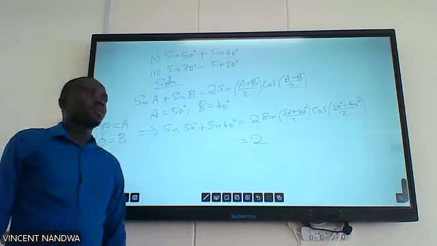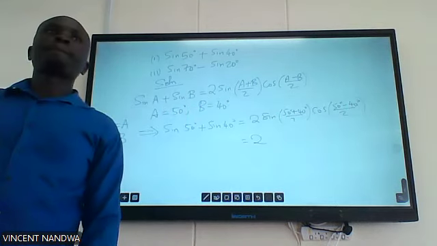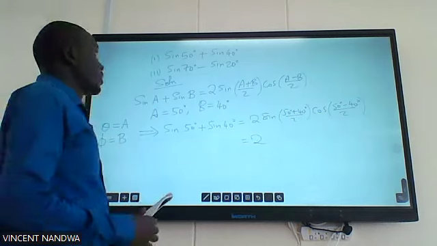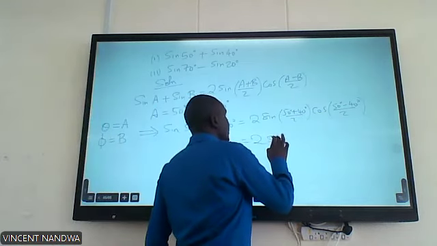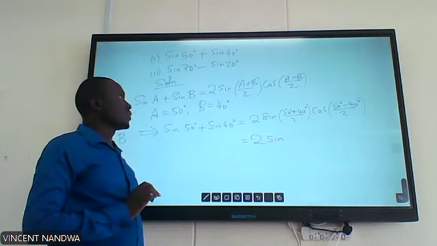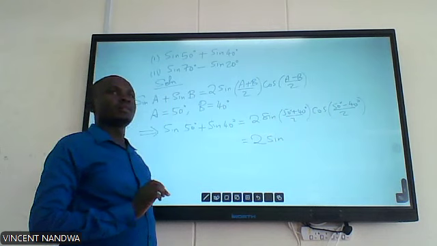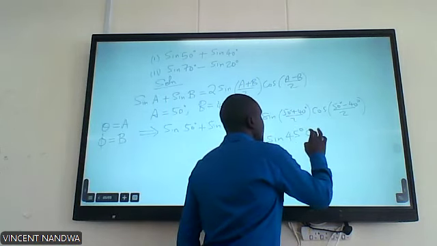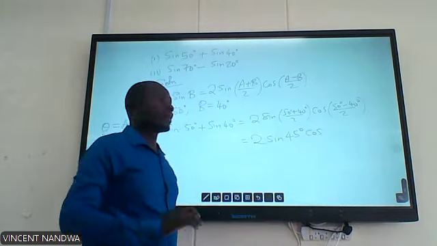So this will be 2 sine of which angle? Two sine a half of 50 plus 40, 45. Then cosine of 5 degrees.